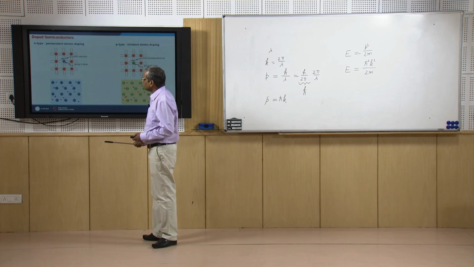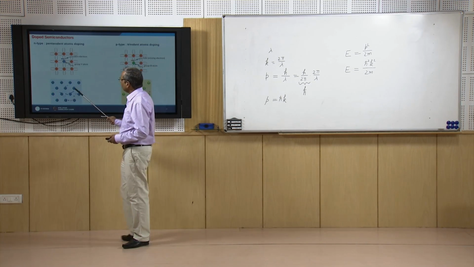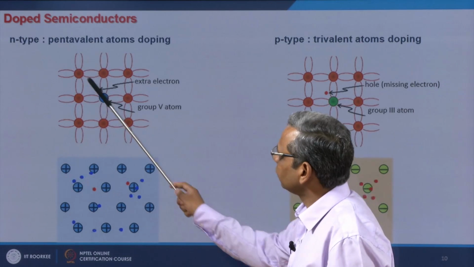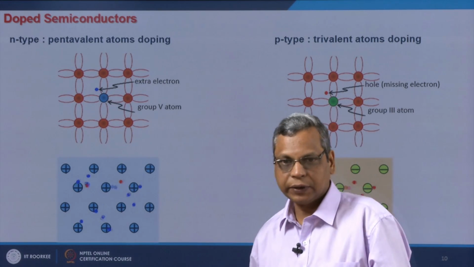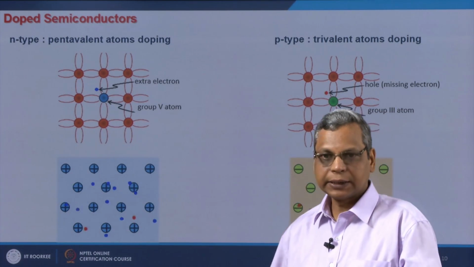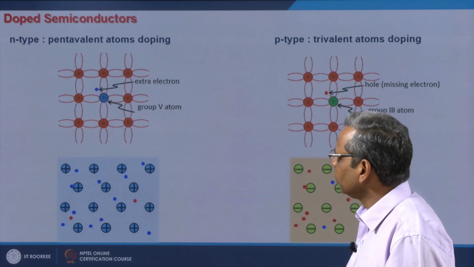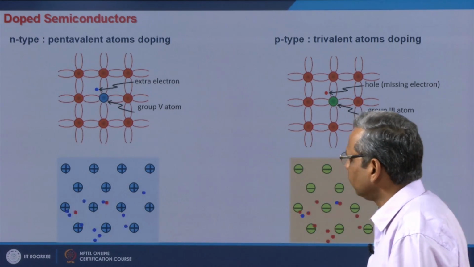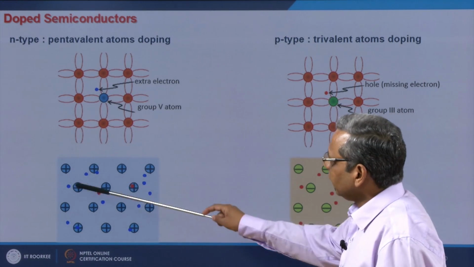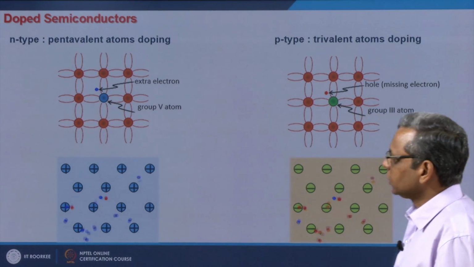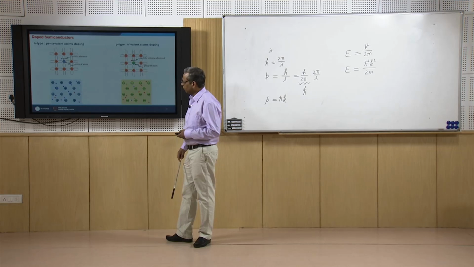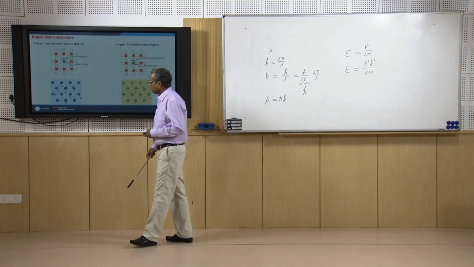So, equivalently I have a positive ion core because this electron is not associated with the atom now. The atom has given out this electron. So, effectively I have this positive ion core and a large number of electrons available, depending upon the doping level, for conduction.